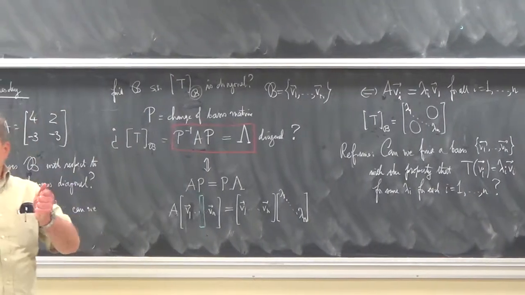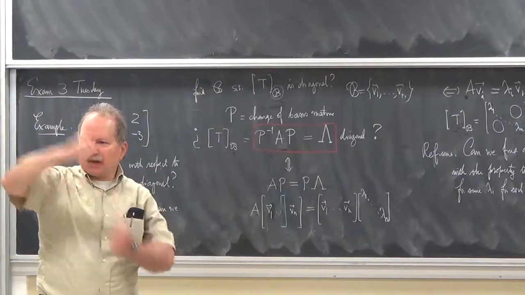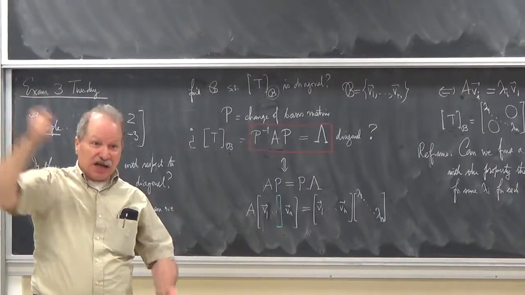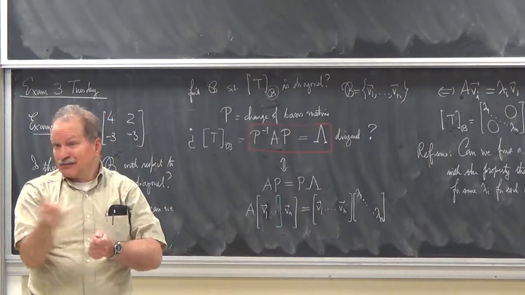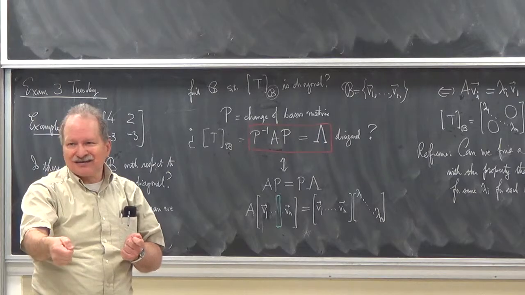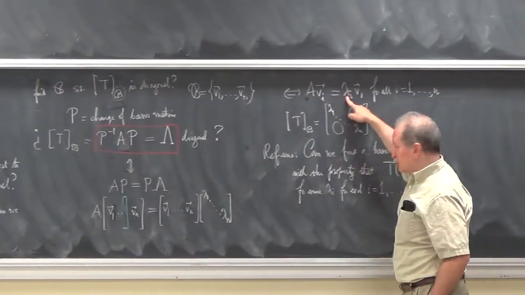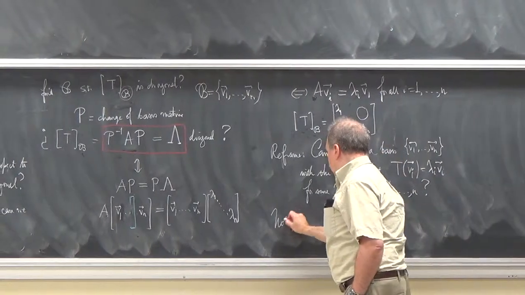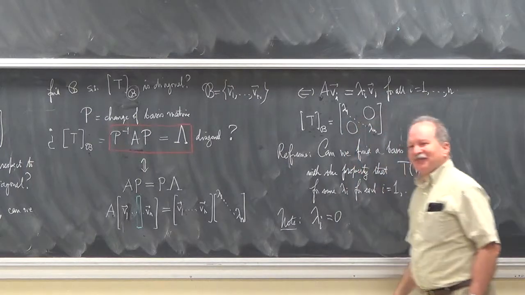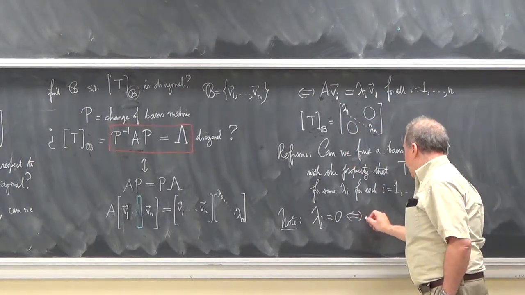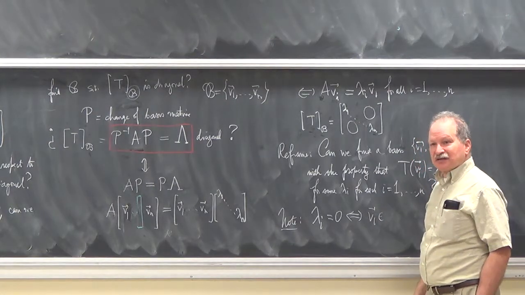So saying you have a diagonal matrix is saying that you have a basis where each vector is stretched by some factor. The factor could be negative, in which case it's stretched and flipped. It could be 0, in which case the vector dies. So note, if lambda is 0, that's saying that you have v_i in the what of the matrix?